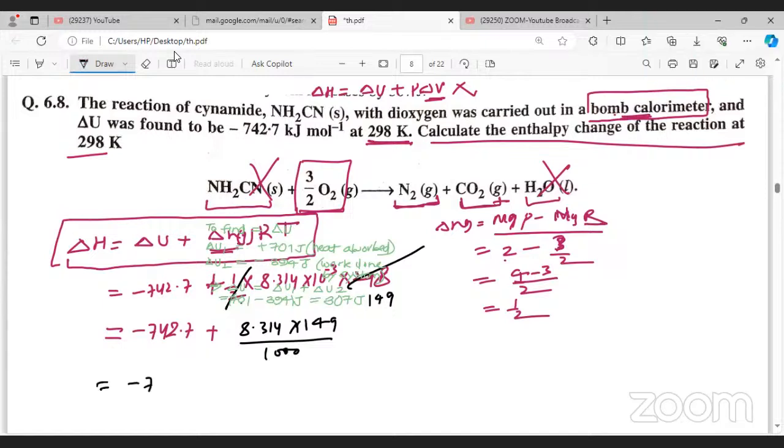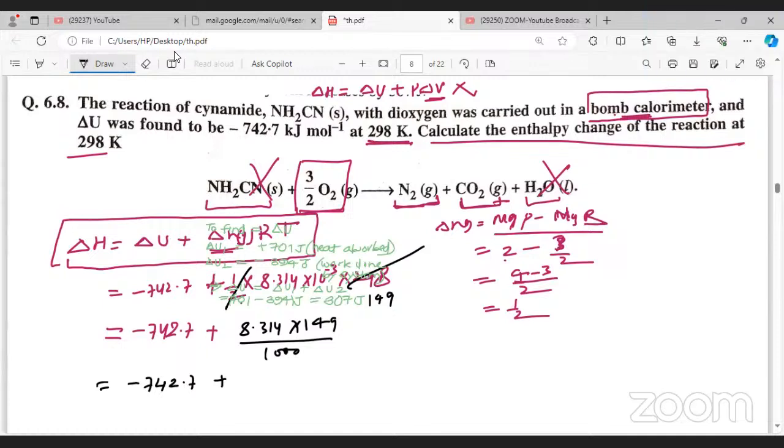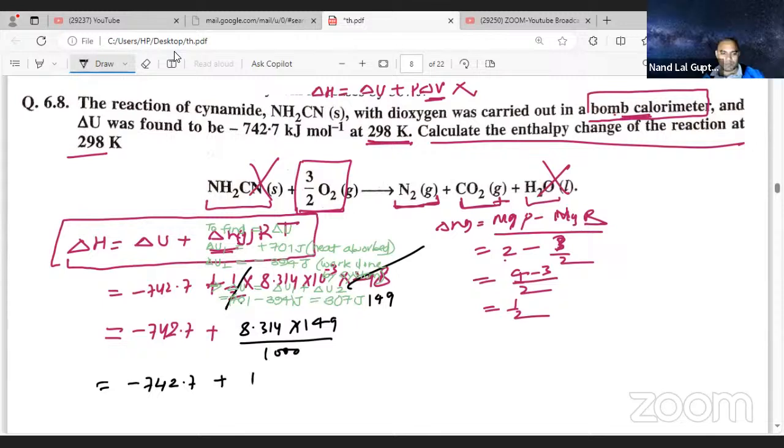Yes, sir. 742.7. Then the positive term will come. Now you solve this one. Can you also do the rounding? Doing, sir. 8.314 we can use 8.3, 742.7 we can do 743. Then it is coming something like 1238.78 divided by 1000.